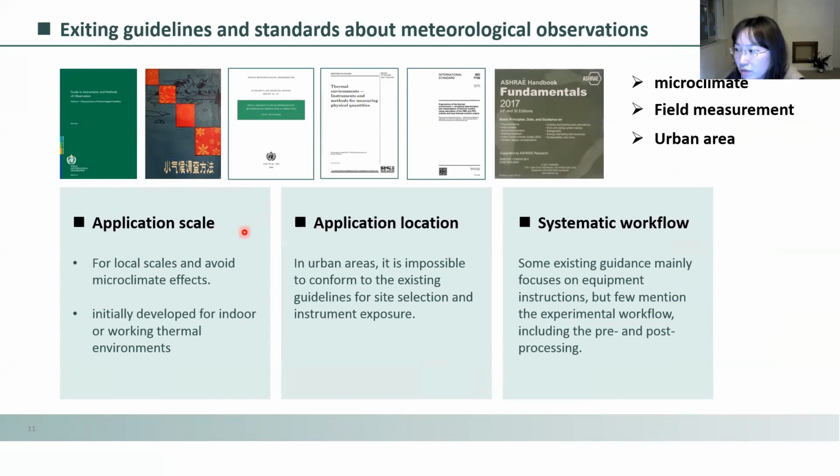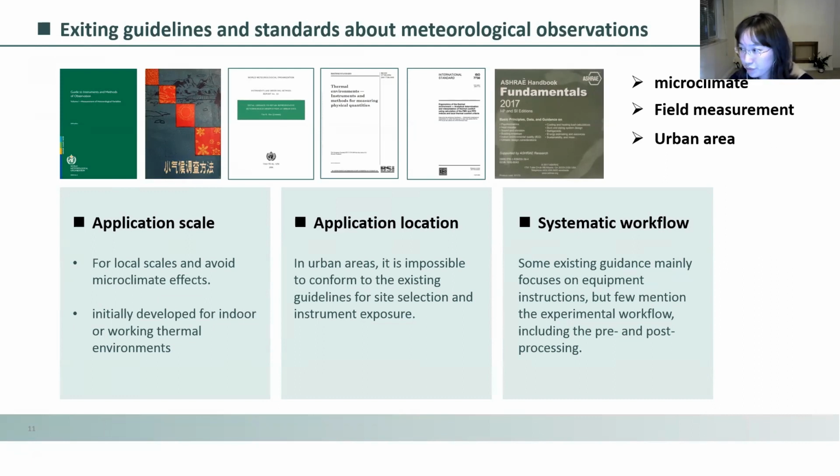Currently, the previous meteorological observation guidelines are for standard climate stations, and they focus on the local scales, but avoid the microclimate effect. And some standards are initially developed for indoor or working thermal environment, such as the ISO 7726 standard and the ASHRAE handbook.